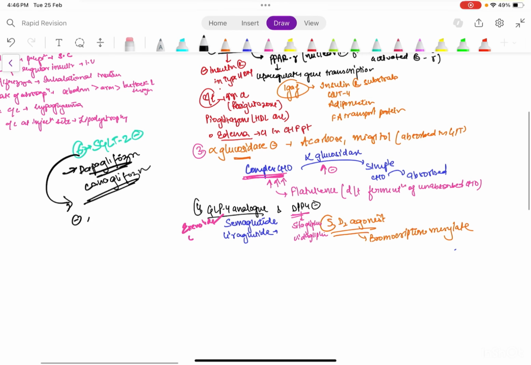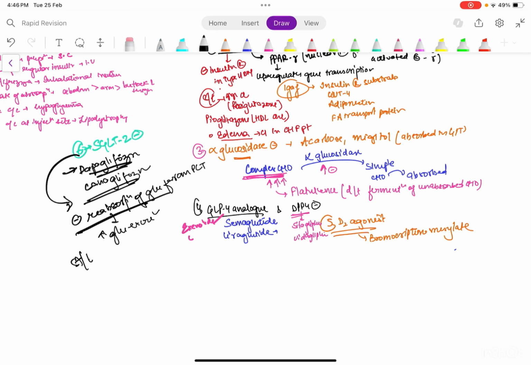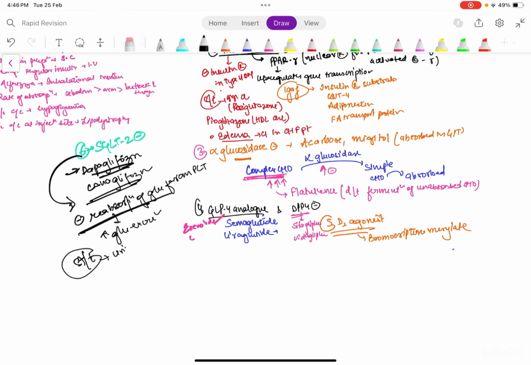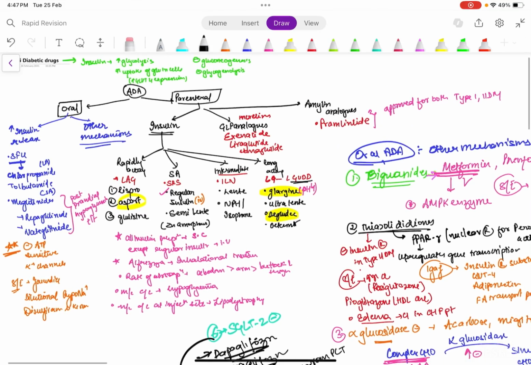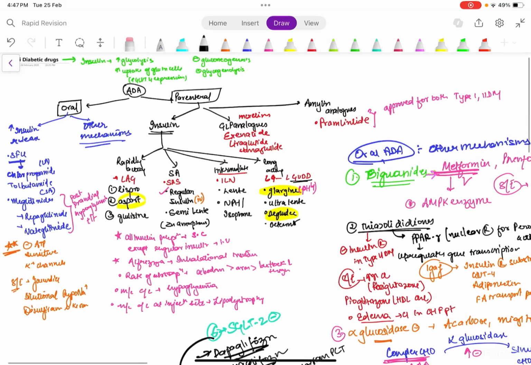So they prevent the reabsorption of glucose from the PCT, so there is an increase in glucose excretion. The adverse effect is that there can be urinary tract infection. So these are the anti-diabetic drugs, and I hope I made it easier for you to understand.